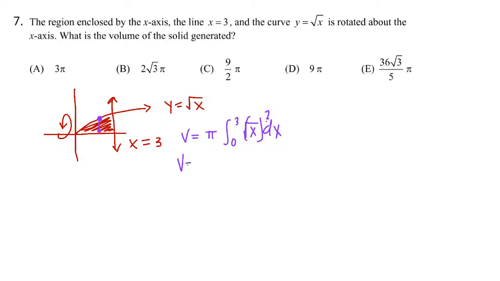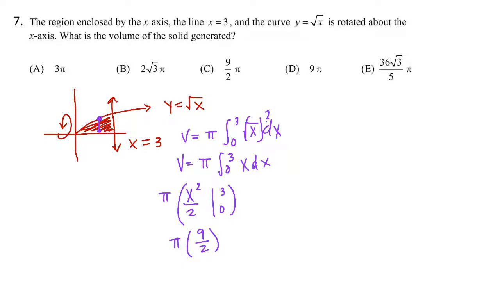So our volume is going to be pi integrated from 0 to 3 of x dx. And so, of course, we need to integrate. So we have x squared over 2 times pi, integrated from 0 to 3. And so it finally looks like we're going to have pi times 9/2. So that should give us answer choice C.